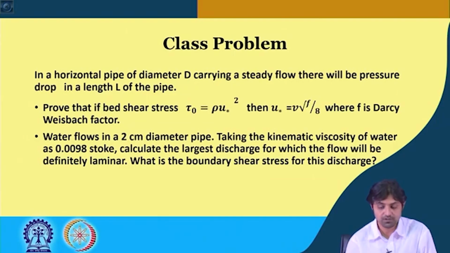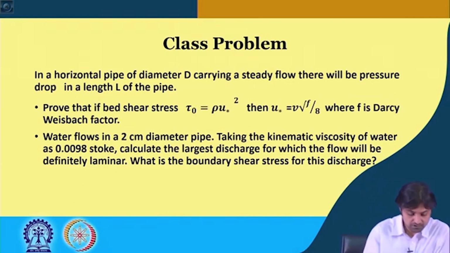Now taking the kinematic viscosity of water as 0.0098 stoke, calculate the largest discharge for which the flow can be definitely laminar. So largest discharge will be at largest velocity, that means we will have to utilize some Reynolds number, and then in the end it says what is the boundary shear stress for this discharge. So we will go one by one for the solution.